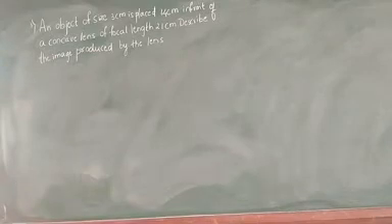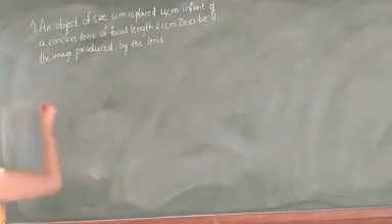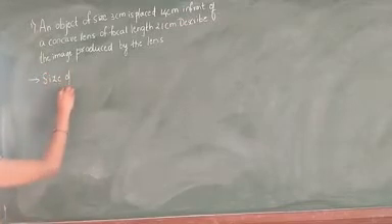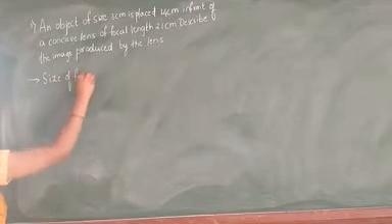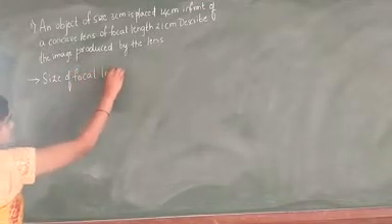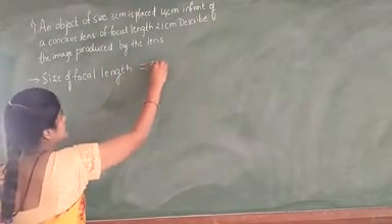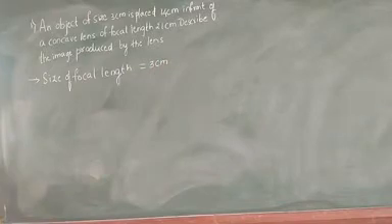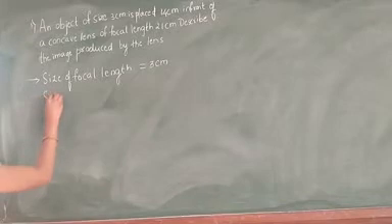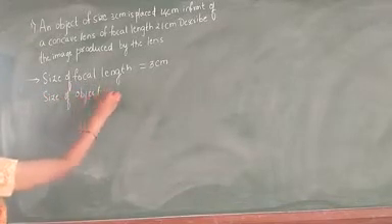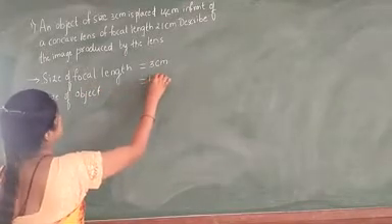Now in this condition, first we have to write the given terms. In this, they have given the size of the object equal to 3 centimeter, and the distance of the object equal to 14 centimeter.